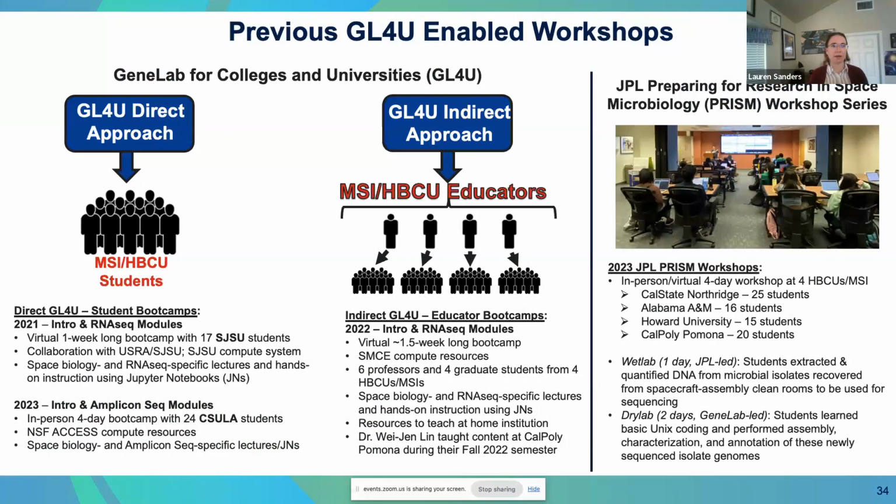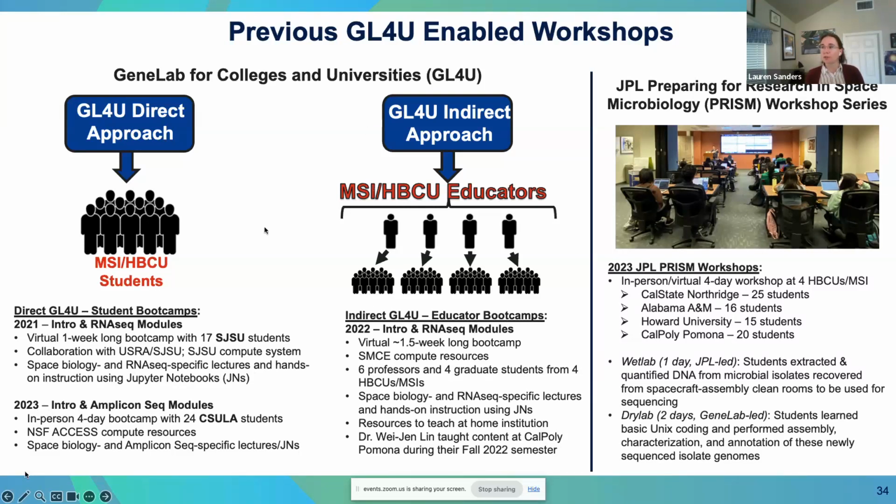So I just wanted to highlight a few of the previously GL4U enabled workshops that we've done. In 2021 and 2023, we taught direct student boot camps. 2021 was RNA sequencing, 2023 was amplicon sequencing.